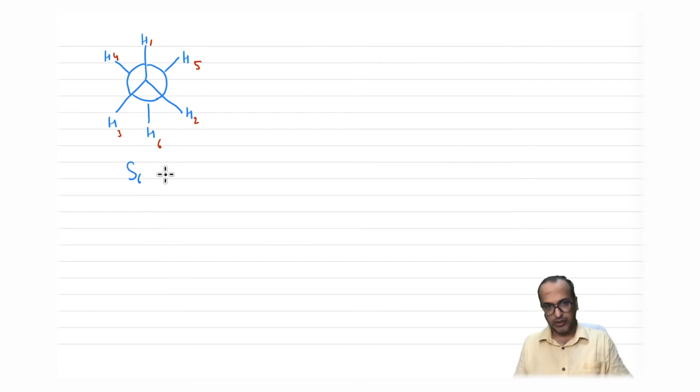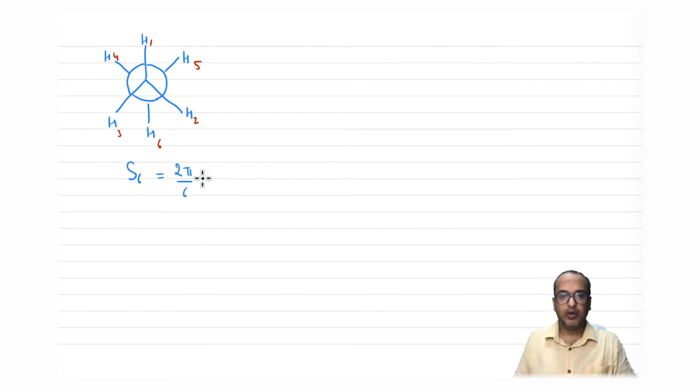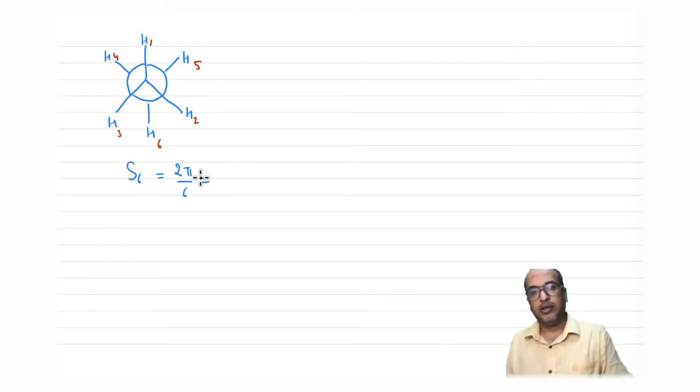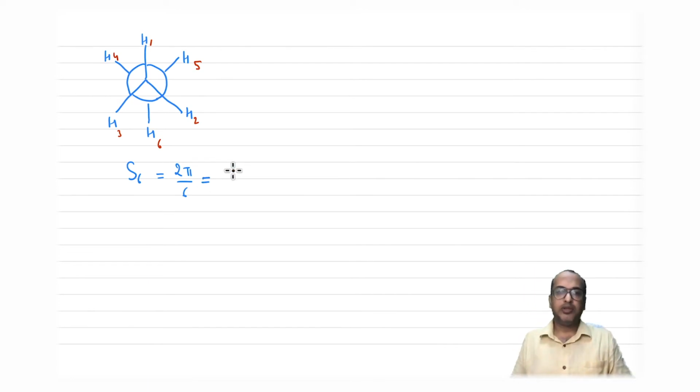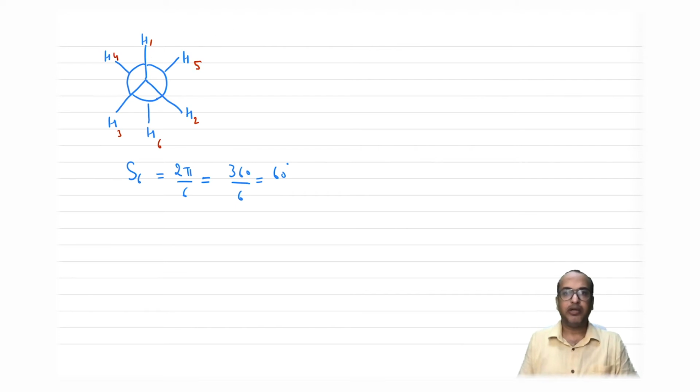Why S6? Because this will be a 2 pi by 6 operation. What will be the angle? This will be 360 by 6, which is 60 degrees of rotation. So where is the 60-degree angle? This whole angle is 120 degrees between two hydrogens on one carbon.